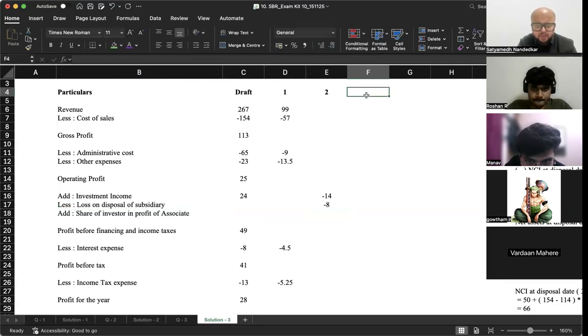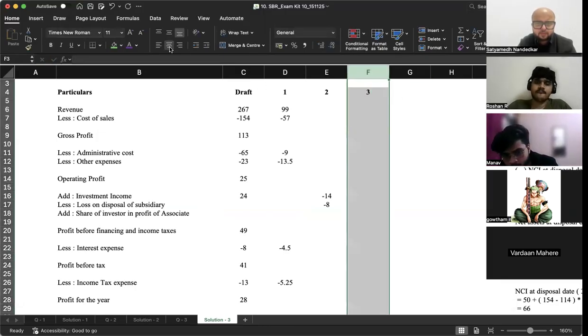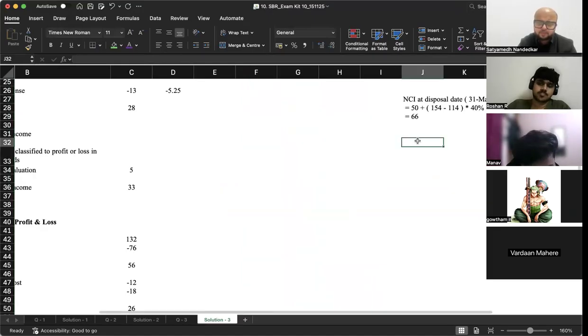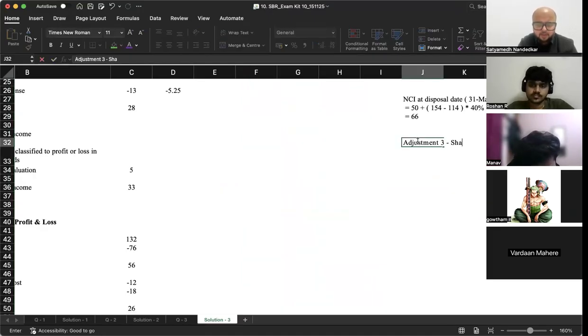I should call it adjustment 3. Adjustment 3, share of profit in associate. Company is associate for 3 months.